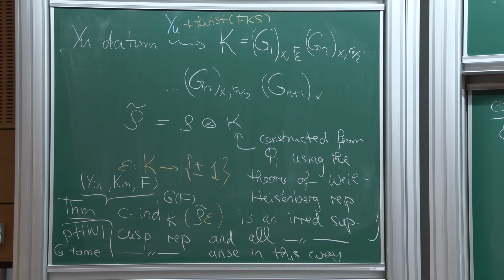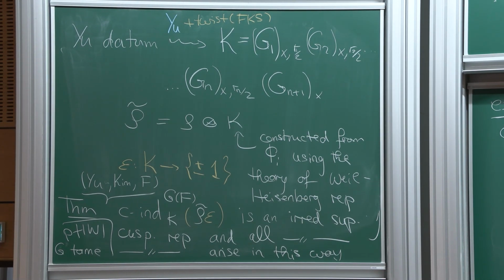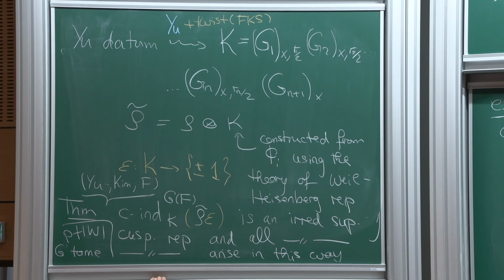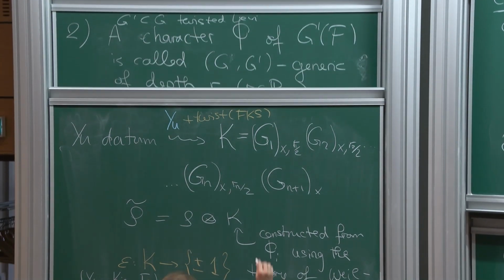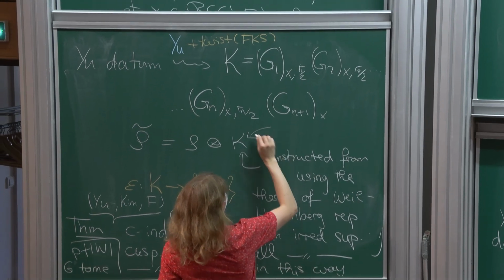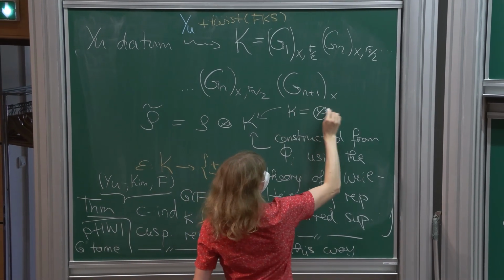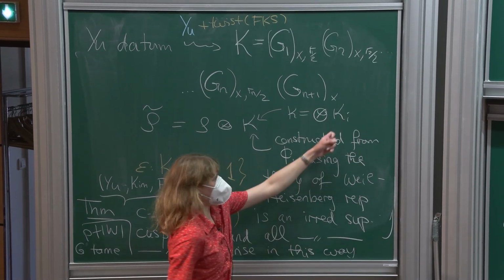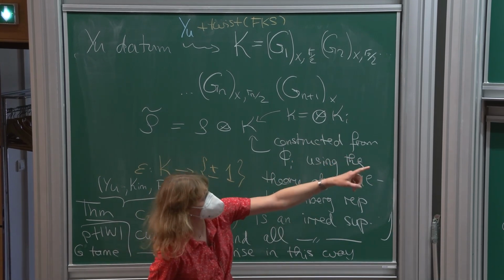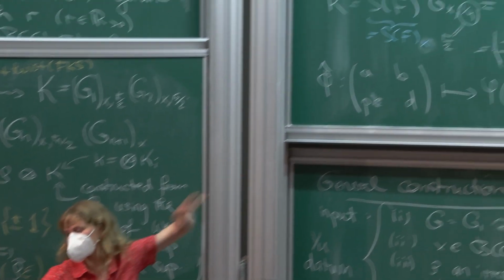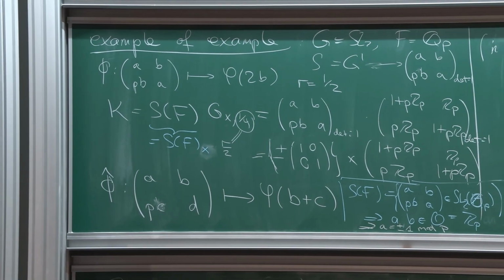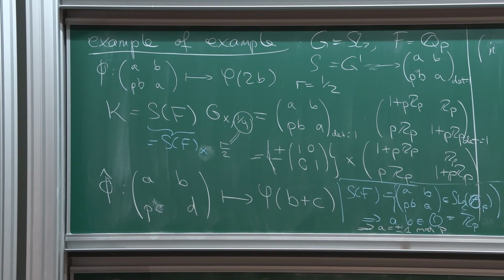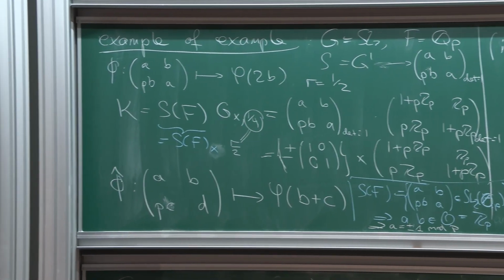You didn't talk about the construction, but is it some kind of tensor product? Yeah. So this kappa is a tensor product of kappa i's, and each of the kappa i is essentially this extension, and then you use the Weil-Heisenberg theory. That's roughly it.